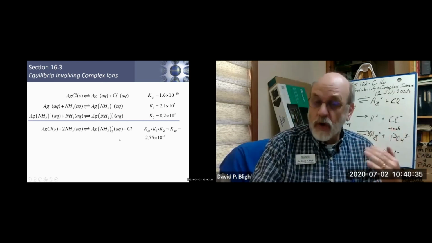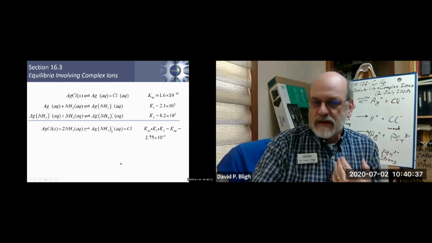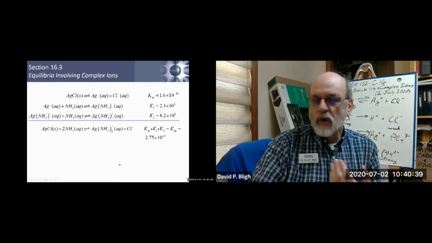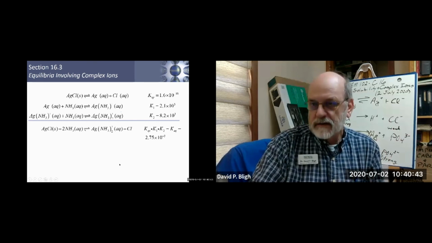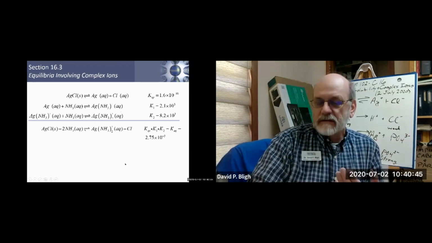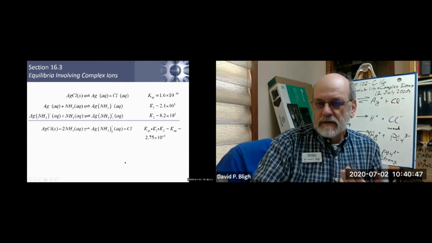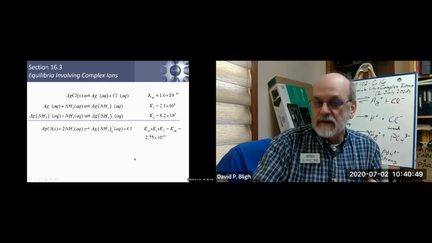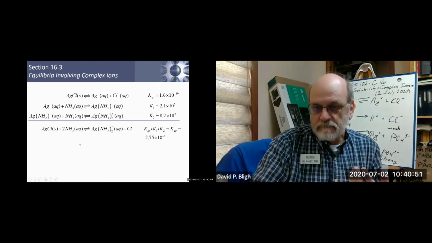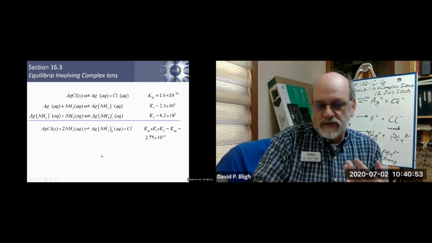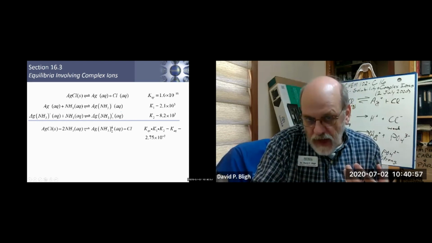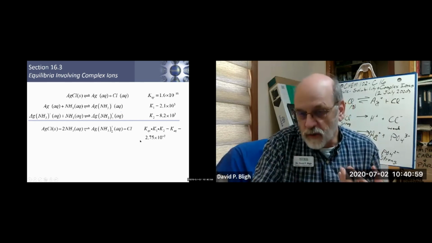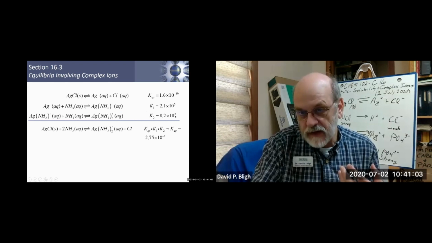We use this equation, but we titrate the solution, the ammonia complex ion, with chloride, and actually calculate the formation constant for this compound. The formation constant will be the combination of these two Ks, these two right here.